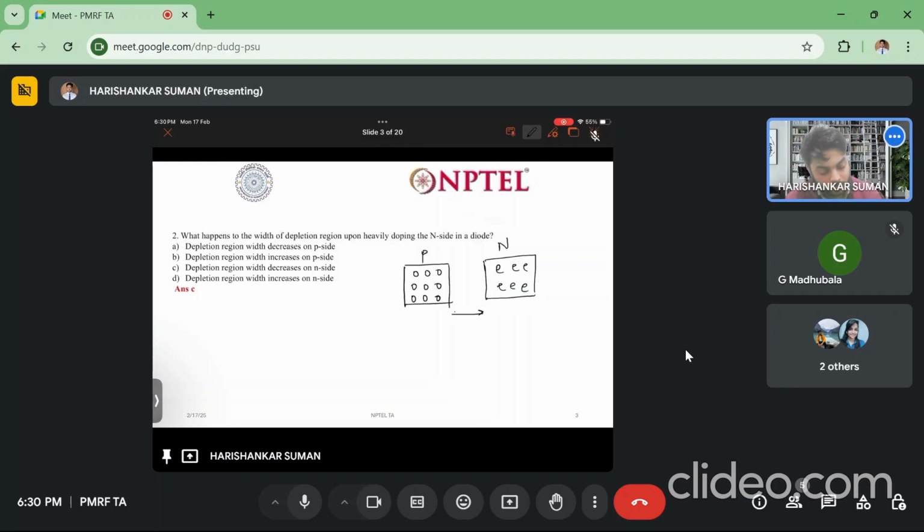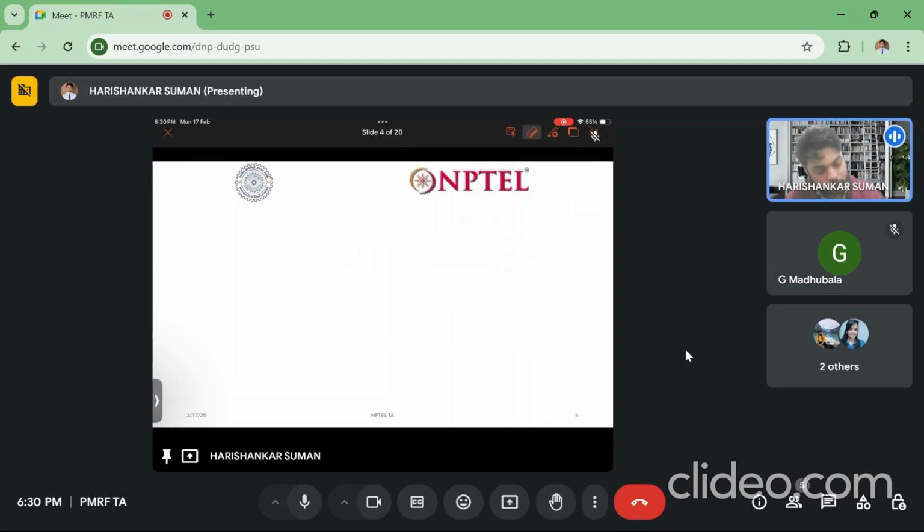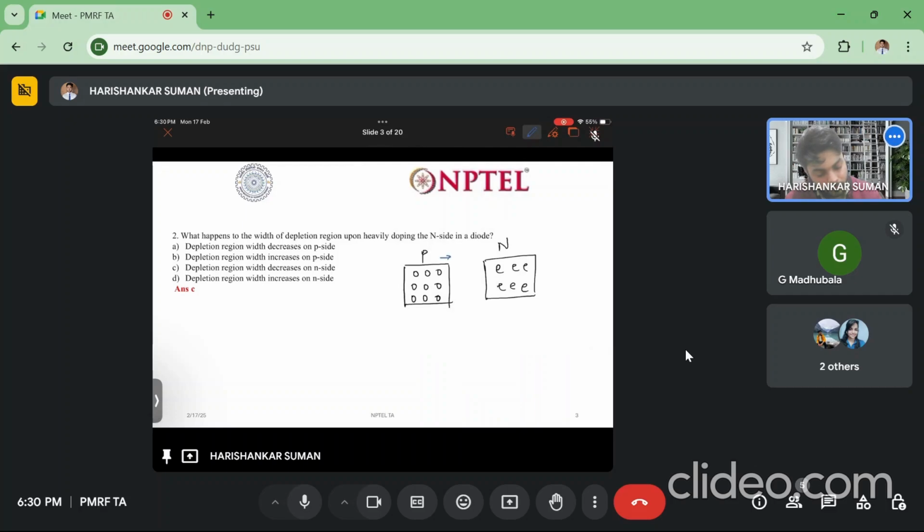When we bring them together, they form a depletion region. Yes or no? So what will happen at the depletion region? Which charges are there?